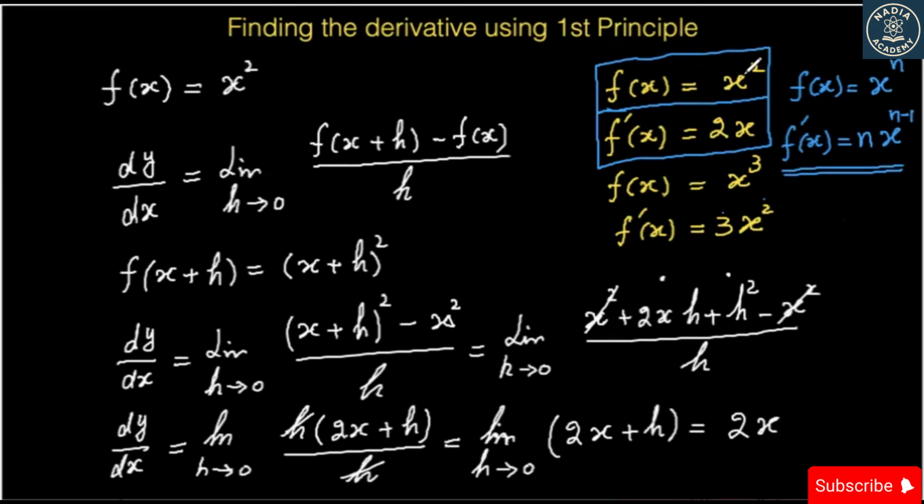And the derivative of a cubic function is x square, meaning it is quadratic. So one order has reduced because in the derivative, the power reduces by 1.